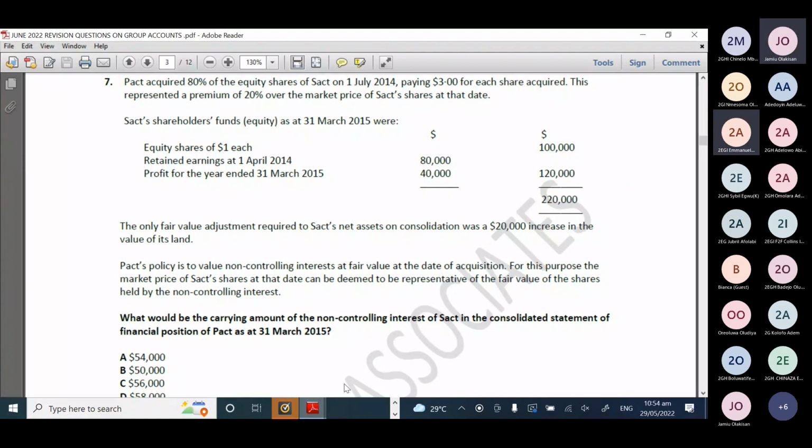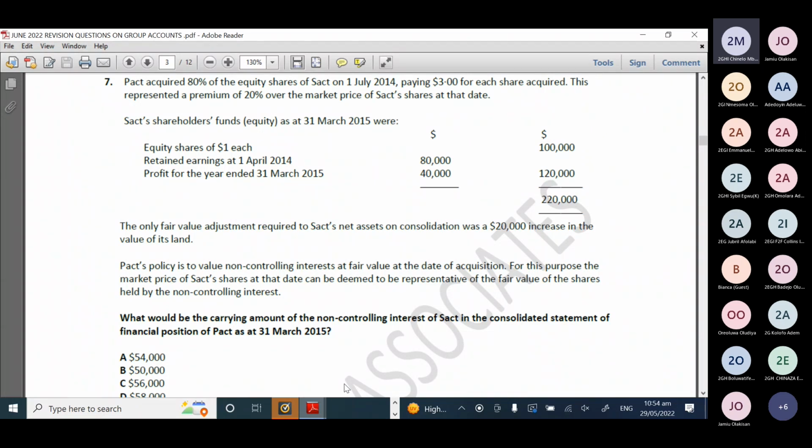Chinelo, you want to read? Okay. Pact acquired 80% of the equity shares of SACT on 1st July 2014, paying $3 for each share acquired. This represented a premium of 20% over the market price of SACT's share at that date. SACT shareholders' funds as at 31st March 2015 were, I don't need to read that.